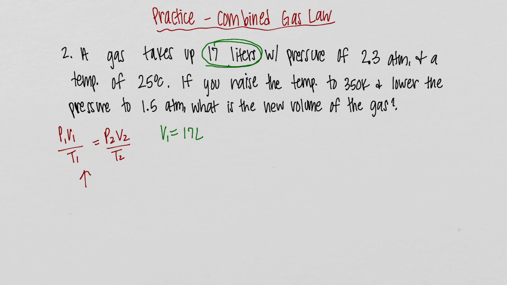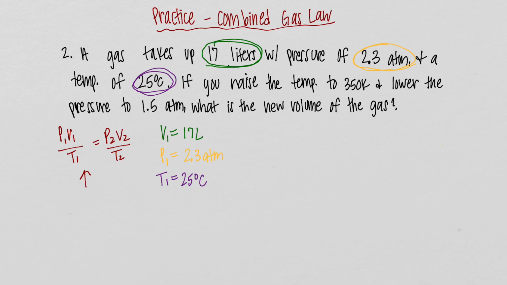Now, with pressure of 2.3 atmospheres. So that's going to be our P1. Then a temperature of 25 degrees Celsius. So that would be our T1.